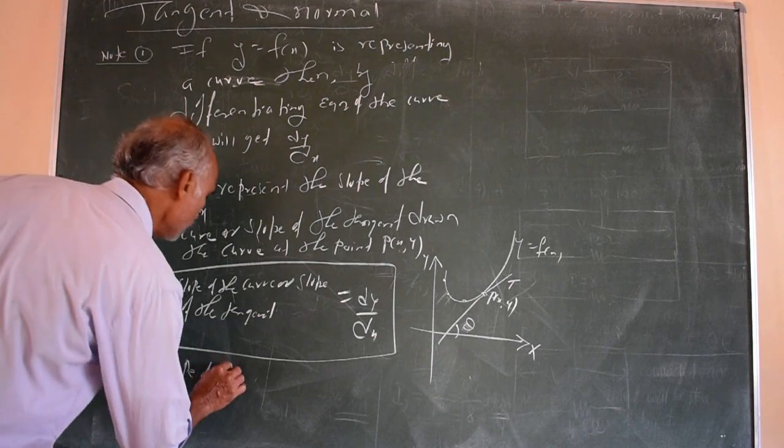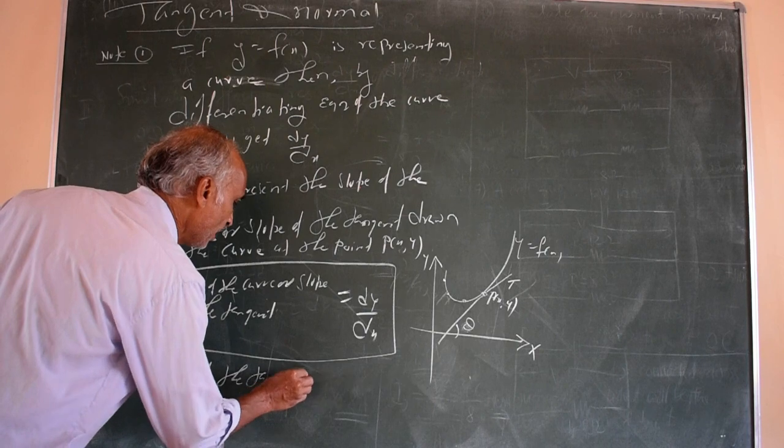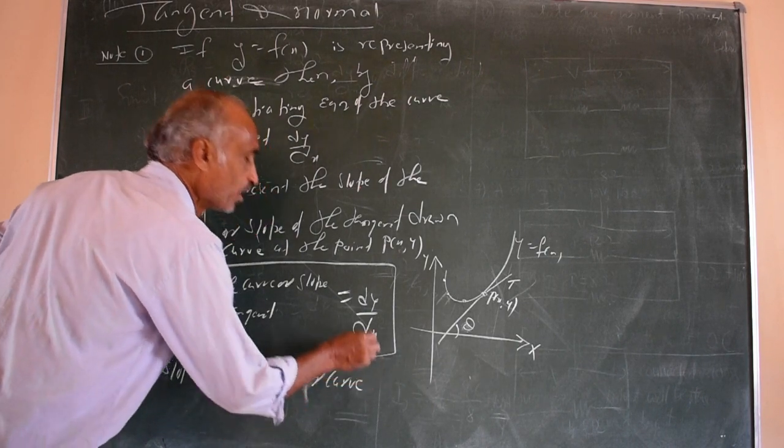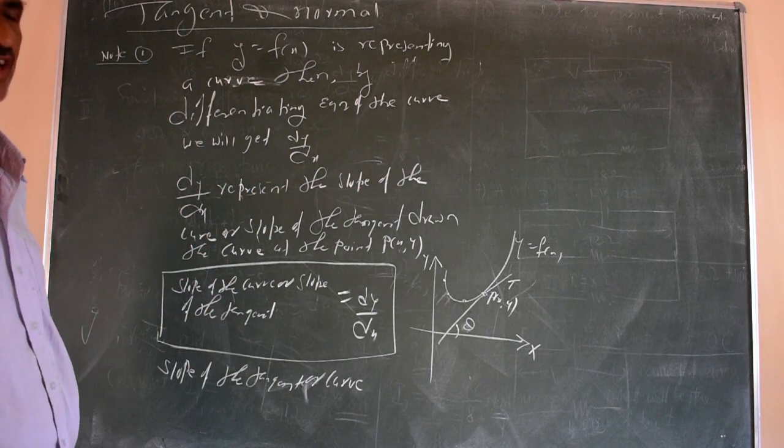Slope of the tangent or curve, or it may be the slope of the tangent or the curve, both one and the same. The slope of the tangent is equal to the slope of the curve. The slope of the curve is equal to the slope of the tangent.